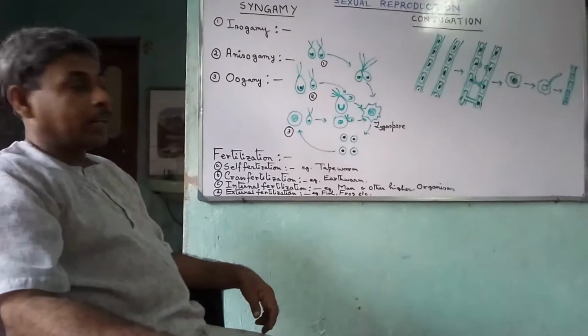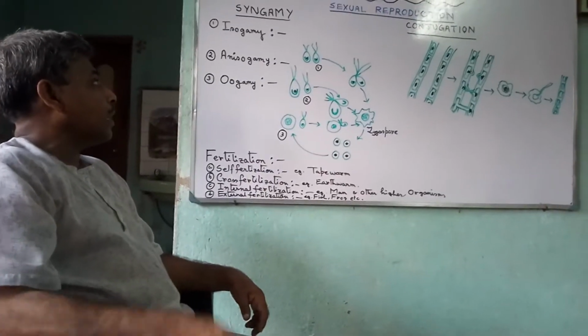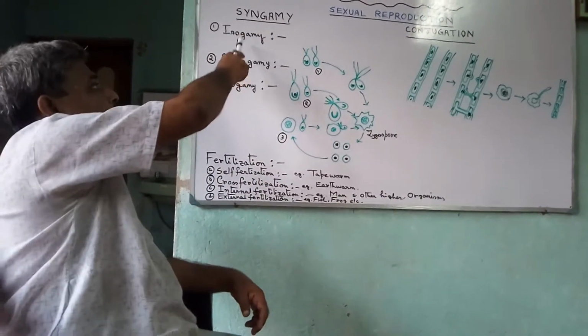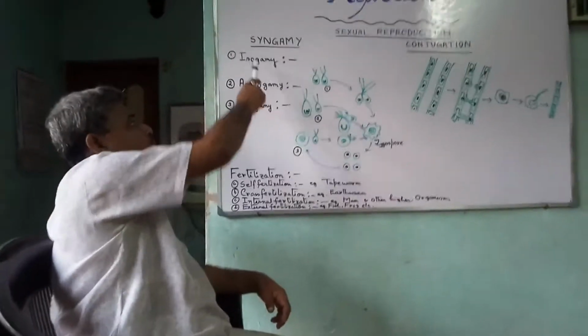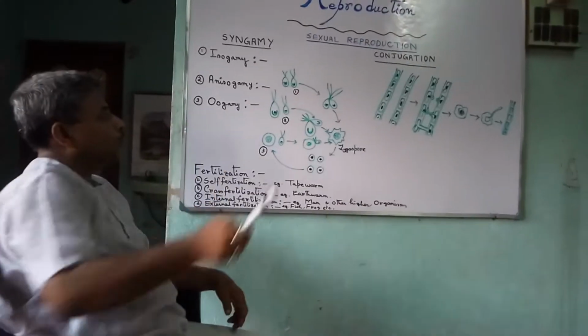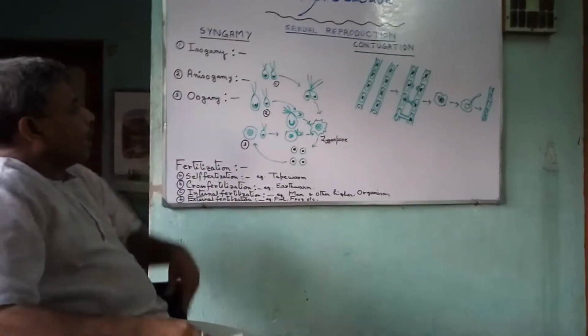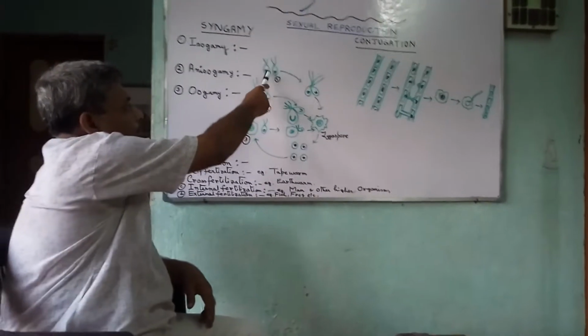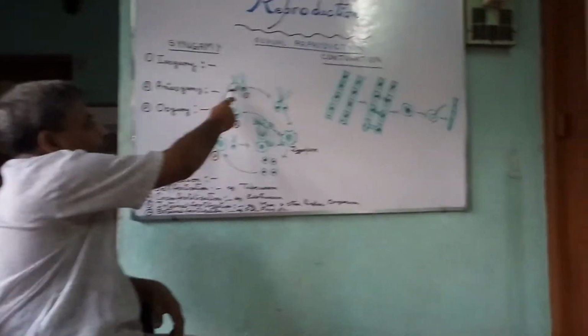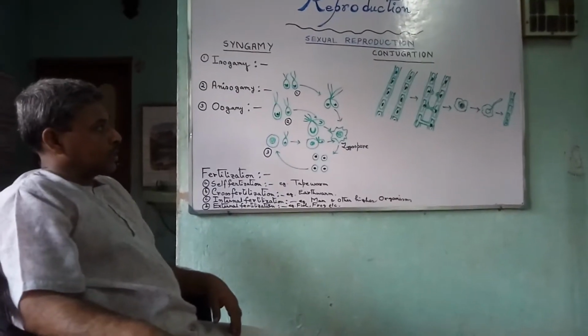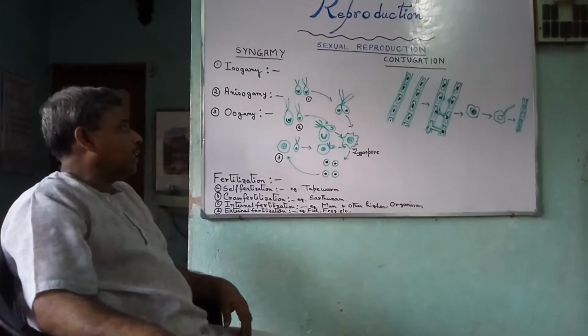Syngamy is divided into three types. The types are isogamy, anisogamy, and oogamy. Isogamy is a type of syngamy where the two gametes are identical, both structurally and morphologically.